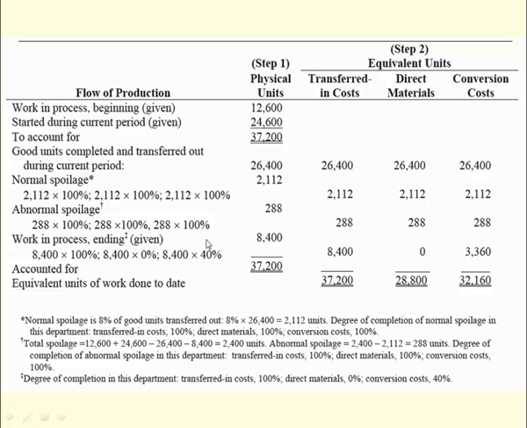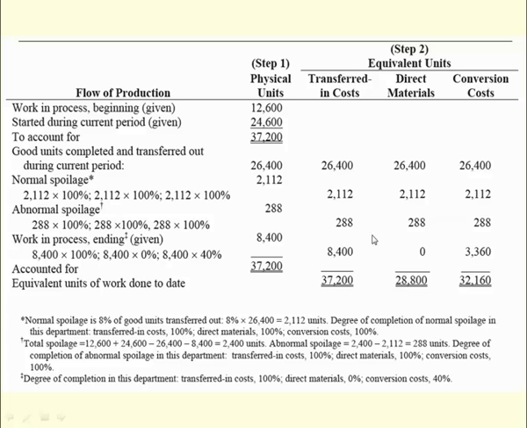Work in process ending was given 8,400 units, 100% for transferred in costs, 0% for direct material, as direct materials is added at the end of the process, and only 40% for conversion costs.